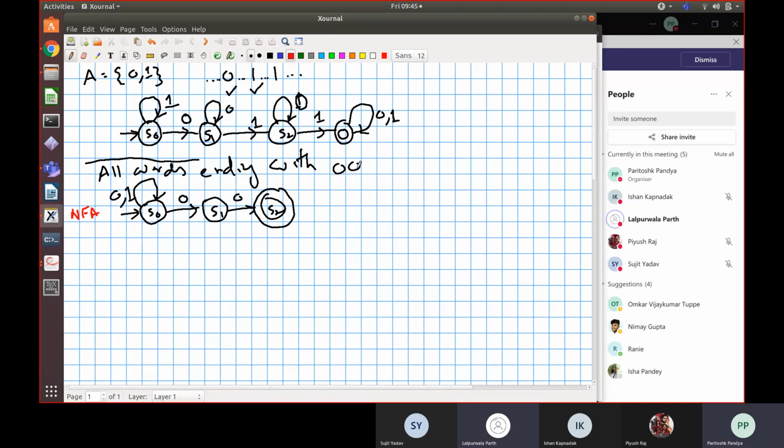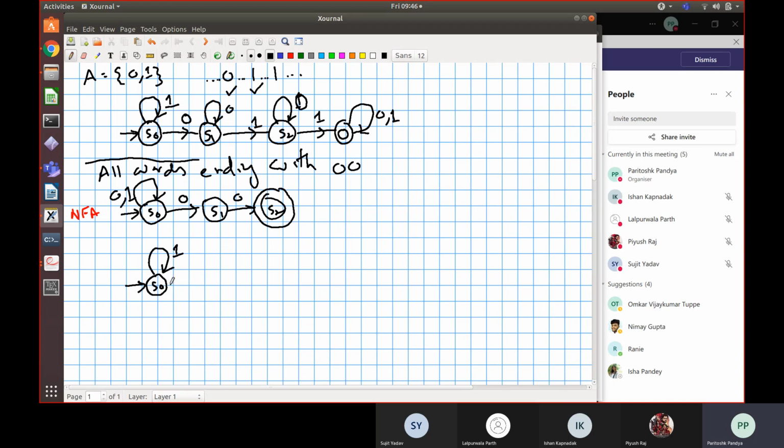No. Okay, so now, we actually want a DFA for this. So one way is, of course, we can determinize this, but can we directly try and construct a DFA which will end with 00? Okay. So we can start with S0, and till we get a 1, of course, we will skip, right?